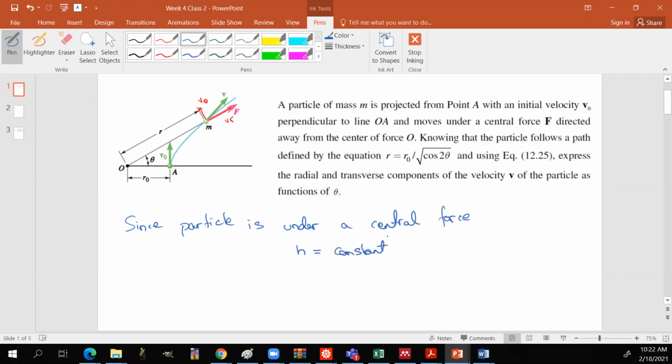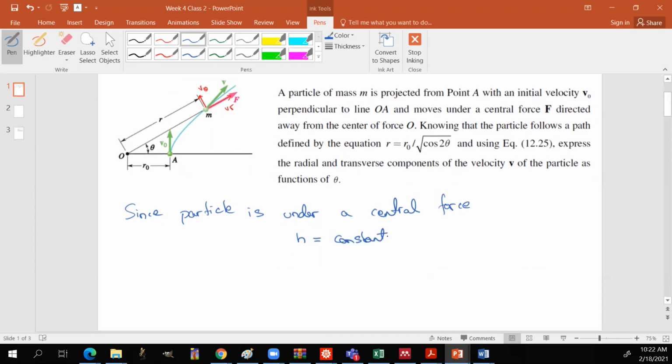So next, if you use this expression of conservation of angular momentum, in general, you can say that this is equal to r squared times theta dot, and that is going to equal your initial angular momentum.